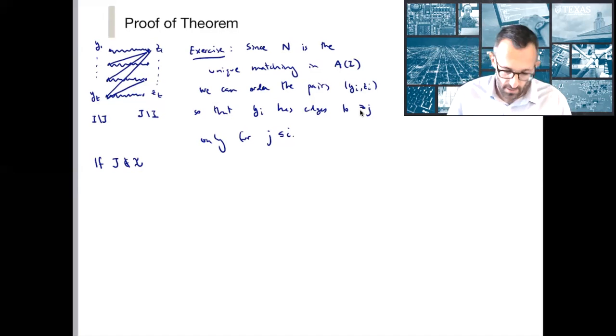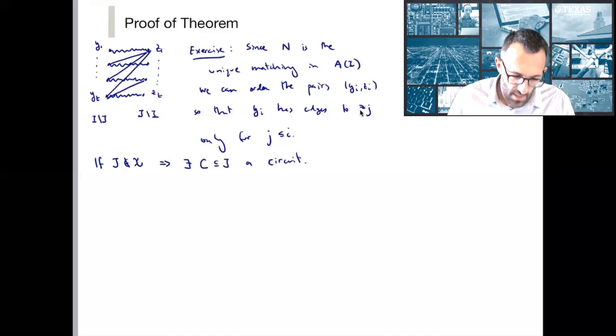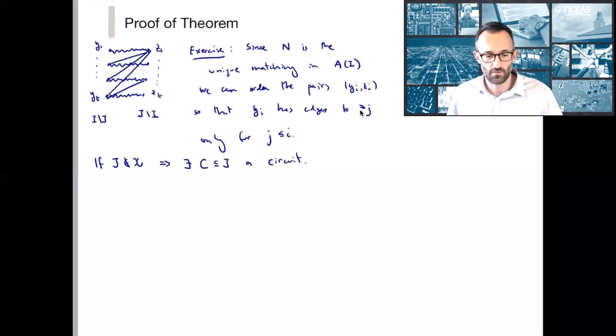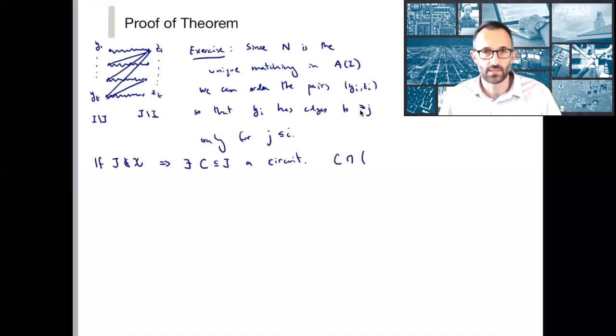That's called a circuit. So it means that there exists some circuit of J. And again, note that it must be that this circuit can't be entirely contained.